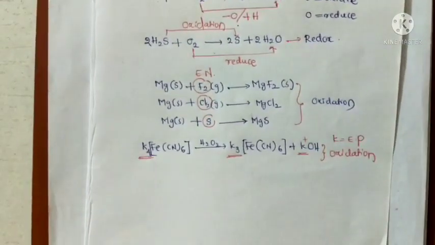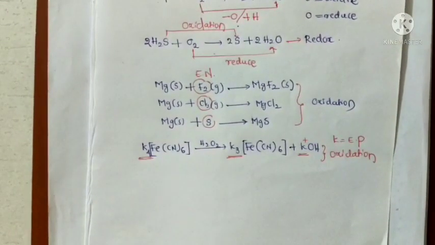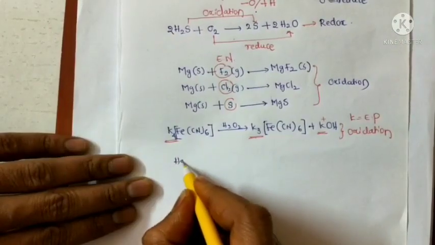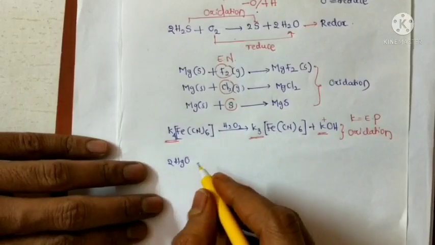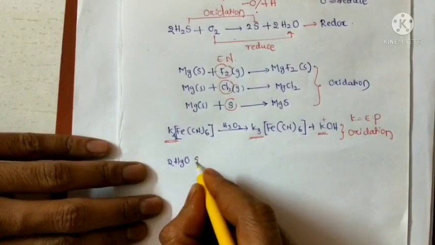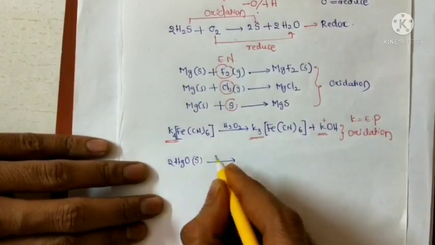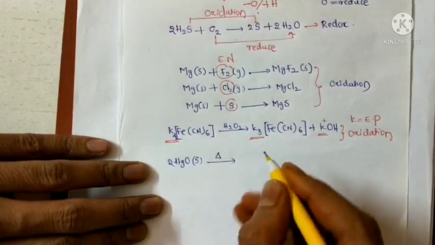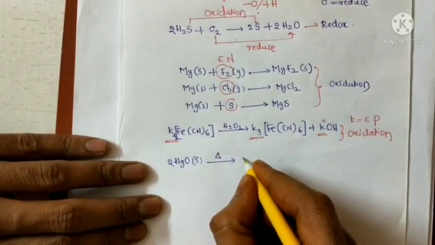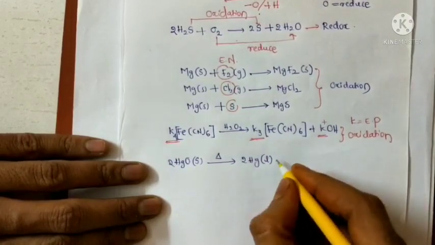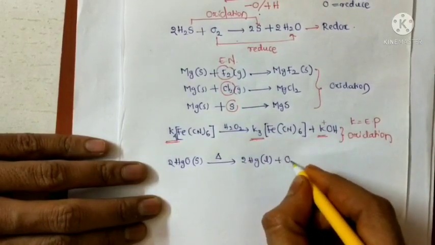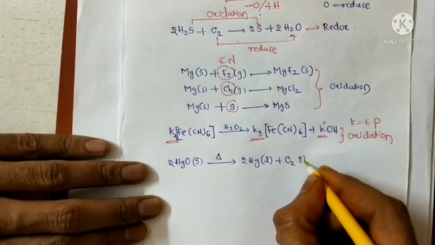And we will see the reductions. 2 moles of mercury oxide, which is a solid. Whenever this substance is heated, 2 moles of liquid mercury will be formed, as well as oxygen gas liberated.